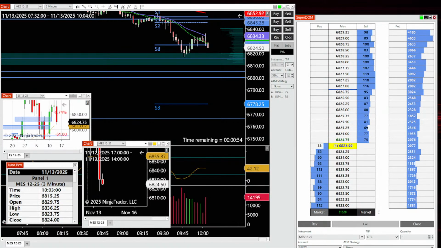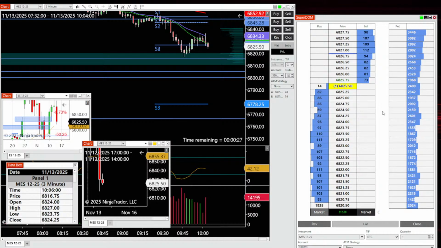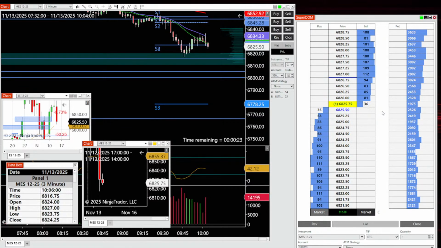All right, here we go. Let me see. Low is 23. It may just keep bouncing here and not give any move to the downside.